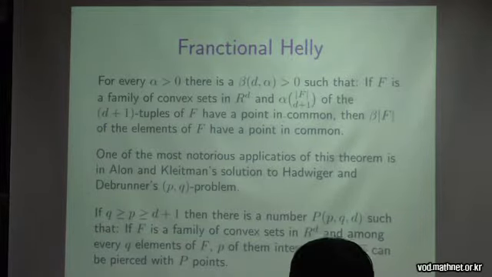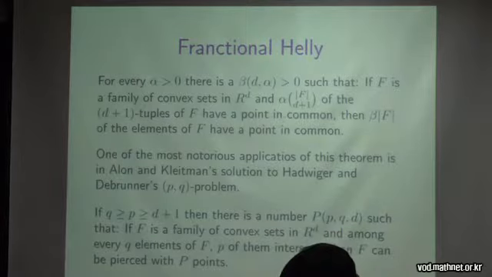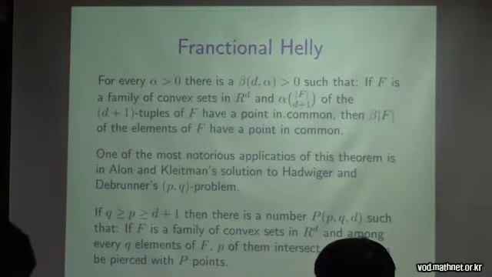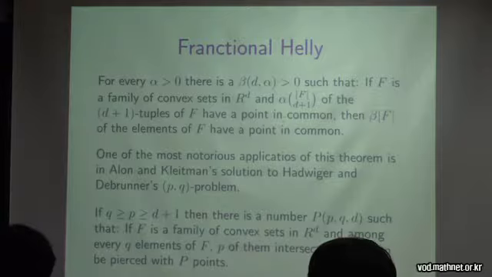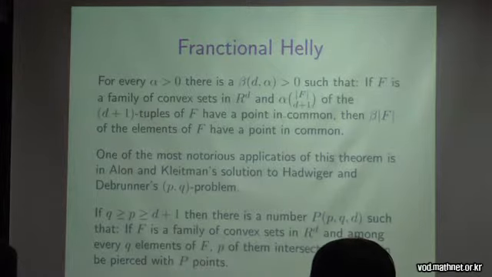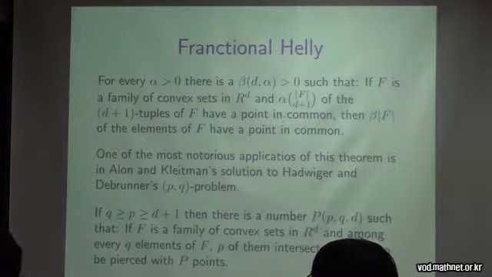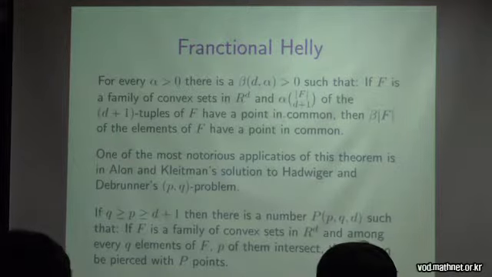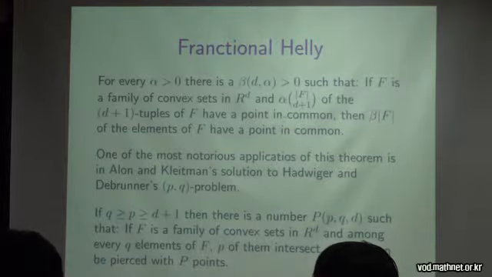Then this says that whenever you take 4 convex sets in the plane, 3 of them have a point in common. Then what you can conclude is that there is a number P that depends only on p, q and the dimension, and a family of P points which together intersect the whole family F. So this was an open problem for a while, and then Alon and Kleitman gave a solution, and their solution is really nice, but it's also really complicated.